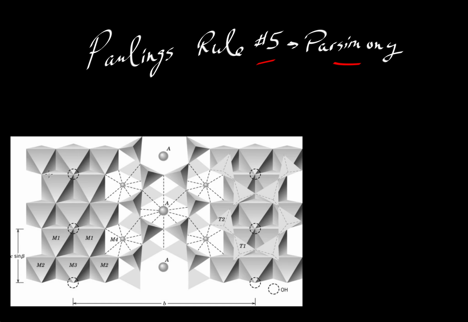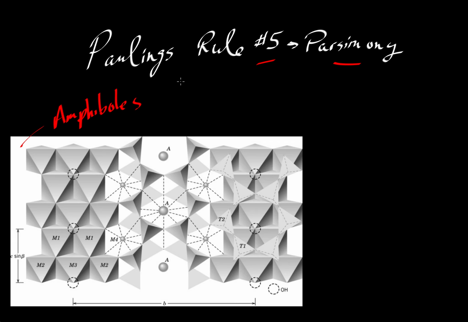So we have a couple of polyhedral elements here. We're going to use this very nice diagram of the amphiboles from Klein and Dutrow. And to illustrate what's going on here and this rule, we'll take a look at the generalized formulas.